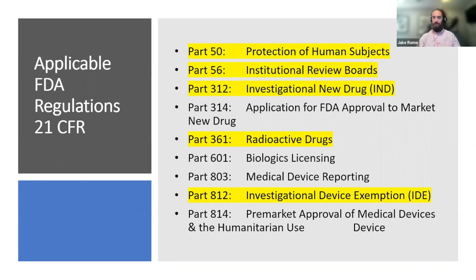That is really outside of the scope of what we're going to be discussing today, but I would be happy to discuss any questions that anyone has about that at any time in the future. Feel free to contact me. But again, the focus of this presentation is really on how you're going to be using drugs and devices in a research setting in human subjects.